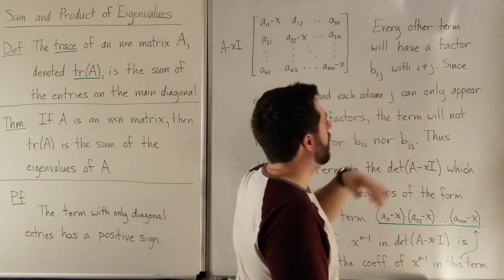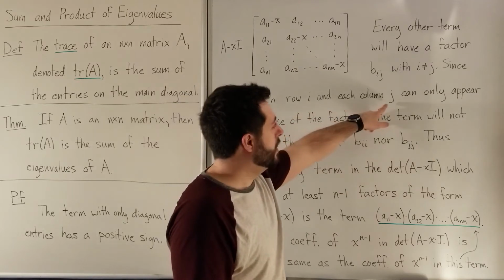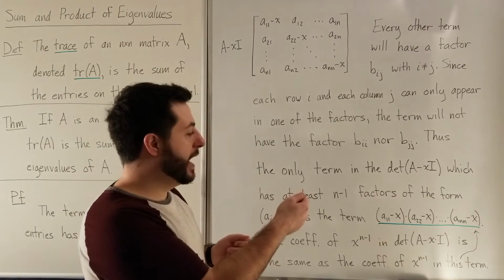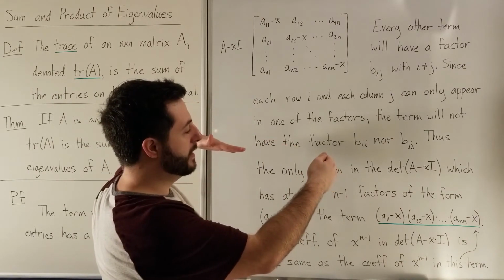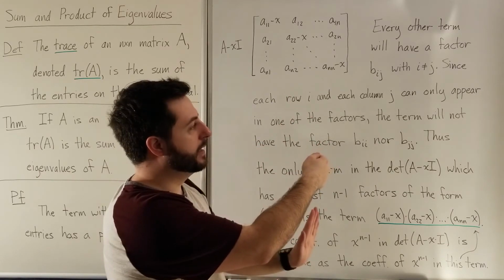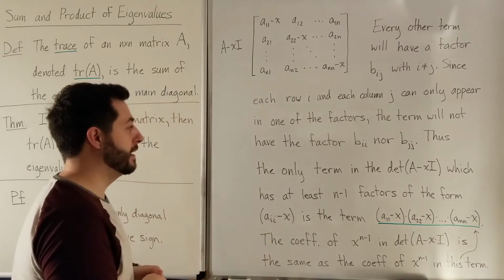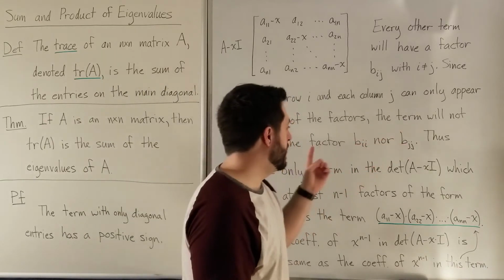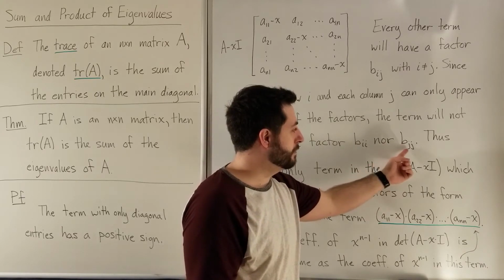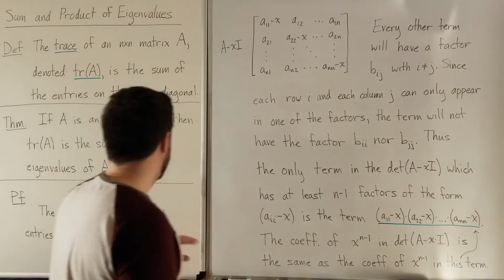So every other term has some off-diagonal factor, and since each row i and each column j can only appear in one of the factors, having something that's off of the diagonal is going to eliminate the diagonal entry that's on that same row and eliminate a different diagonal entry that's on that same column. And so you're going to be missing two factors that are on the diagonal. So the term will necessarily not have the factor that looks like Bii, nor will it have the factor that looks like Bjj. And these two are not the same factor because i is not equal to j when we're not looking at this term.